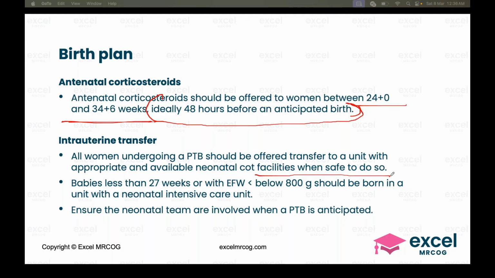Babies less than 27 weeks, EFW less than 800 gram, should be born in a unit with neonatal ICU. Yes, this is level 3 ICU. Ensure that the neonatal team are involved when a preterm birth is anticipated. Level 3 ICU is for less than 27 weeks and less than 800 gram.